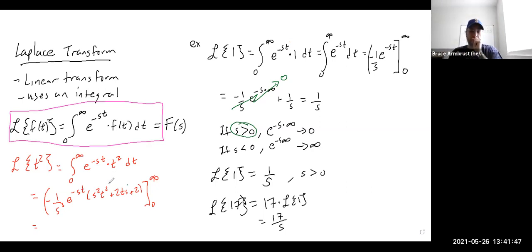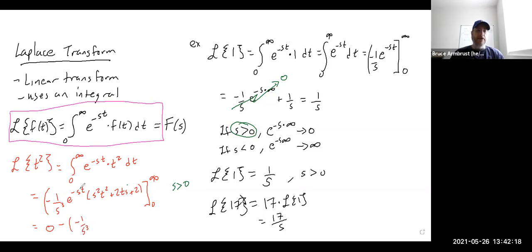So with that one going to 0, we have the same conditions as before. We know that this is only going to converge when s is greater than 0. And when it does, the e to the minus st overrides the rest and drops that bit to 0. So in that integral, we're going to get 0 minus, well, negative 1 over s cubed.